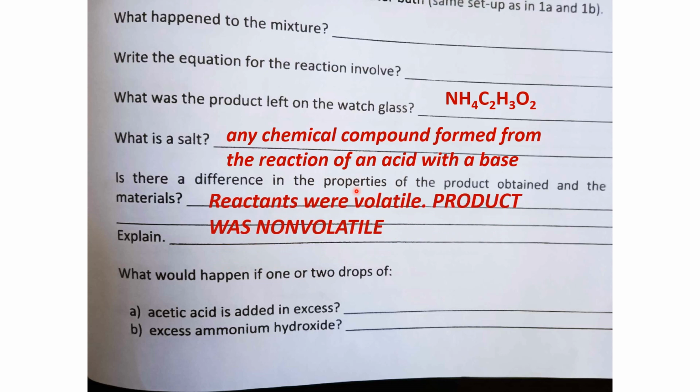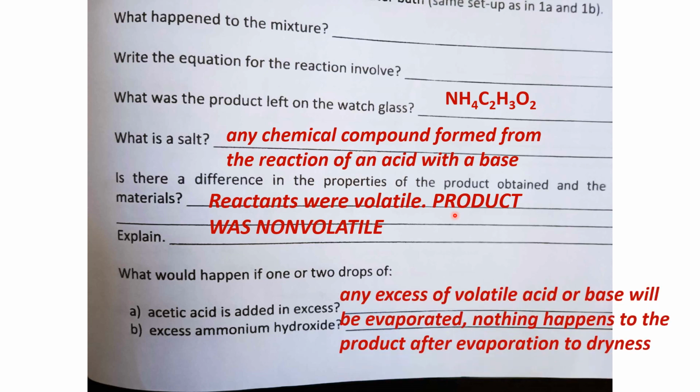Is there a difference in the properties of the product obtained and the starting materials? Yes, there is, because the starting materials, or the reactants, were volatile, but the product, particularly ammonium acetate, was non-volatile.